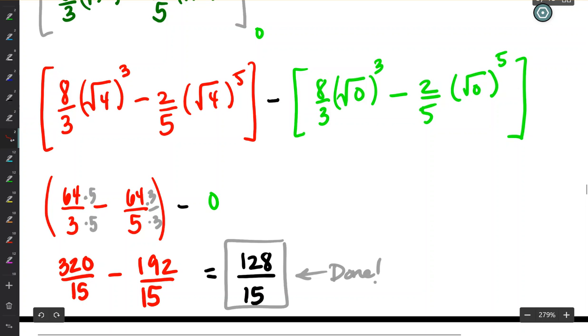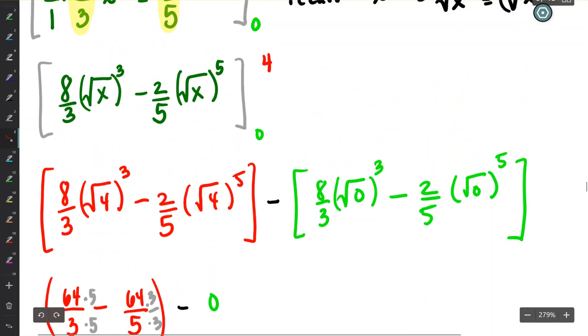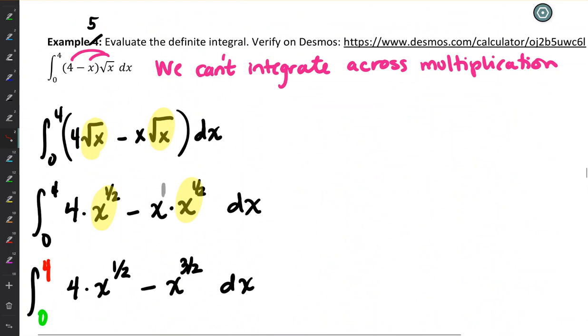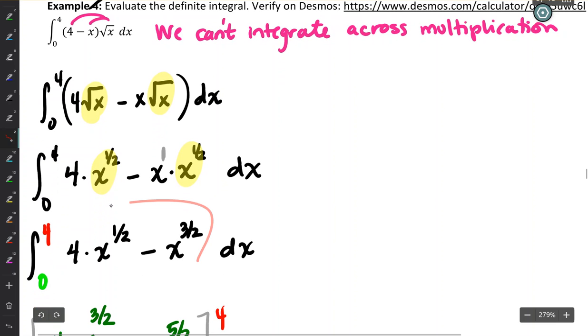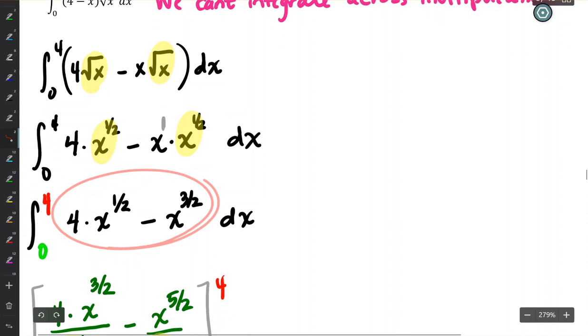All right, so let's just review those steps and then think about the argument that we've made. I can't integrate across multiplication. That's all right. I'm going to go ahead and use my distributive property, clean up the arithmetic so that now doing power rule in reverse is easier for me.